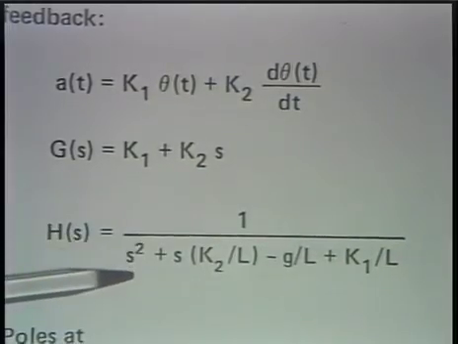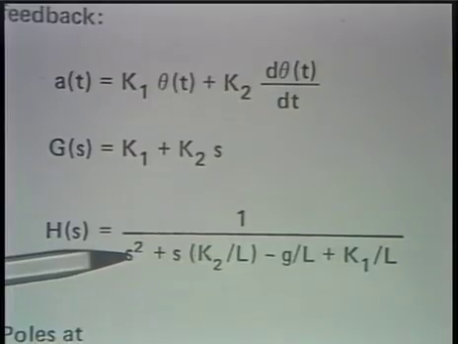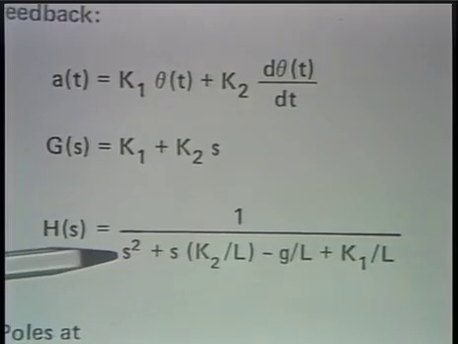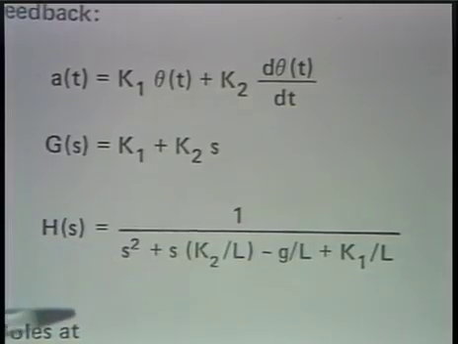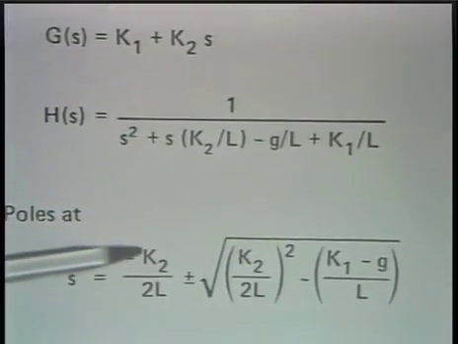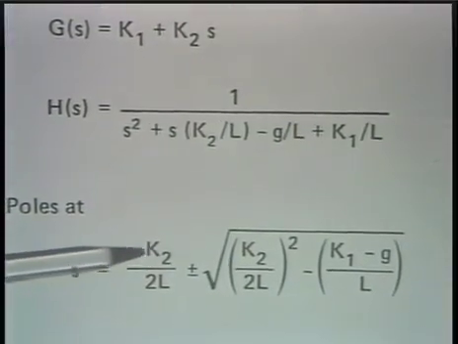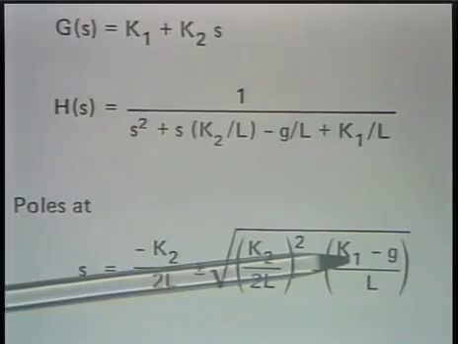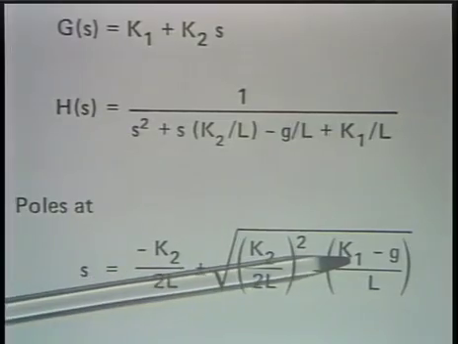The roots of this equation represent the poles of the closed loop system, and those poles involve two parameters: k2, which is proportional to the derivative of the angle, and the constant k1, which is proportional to the angle.